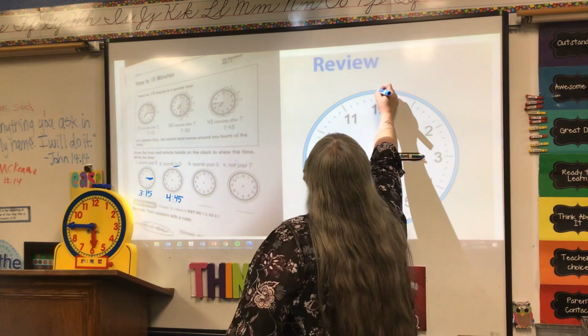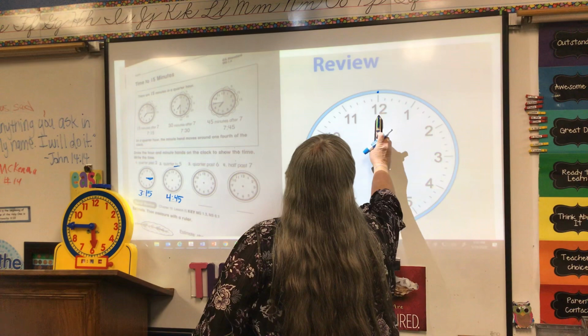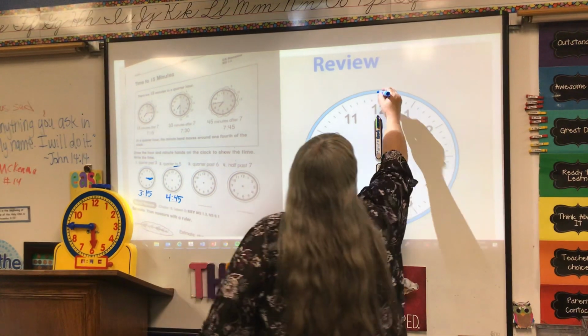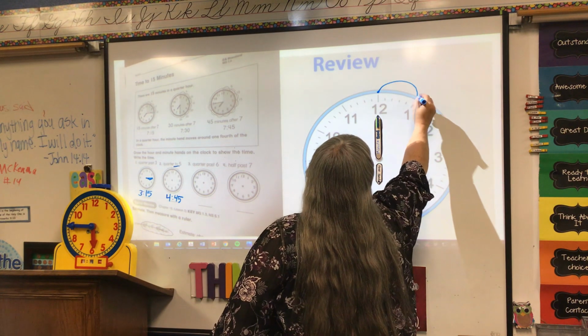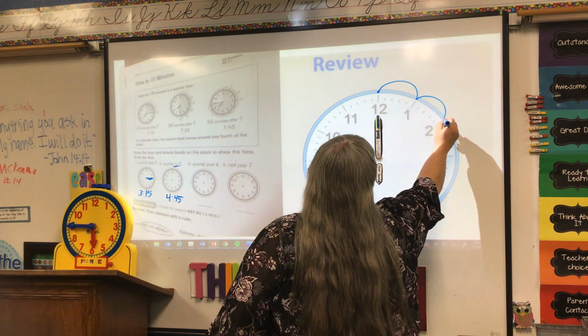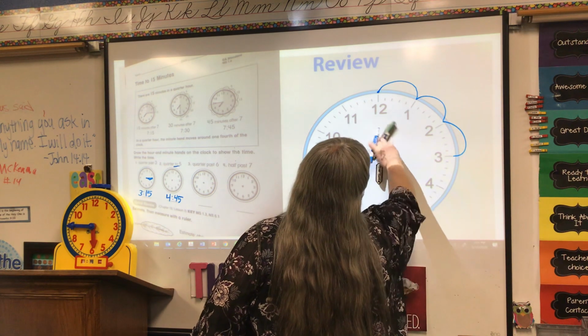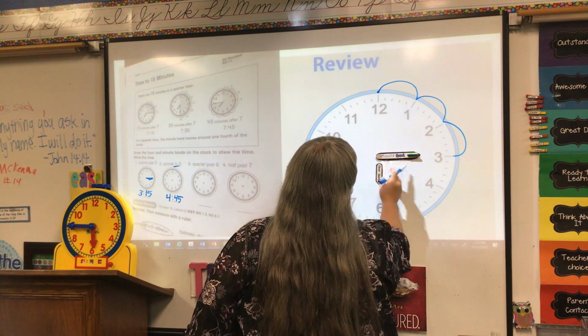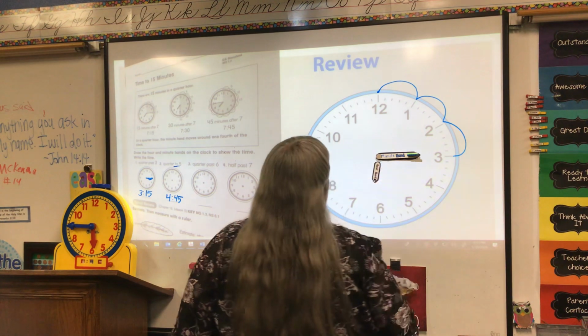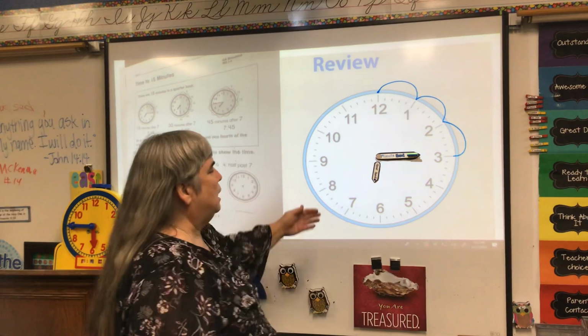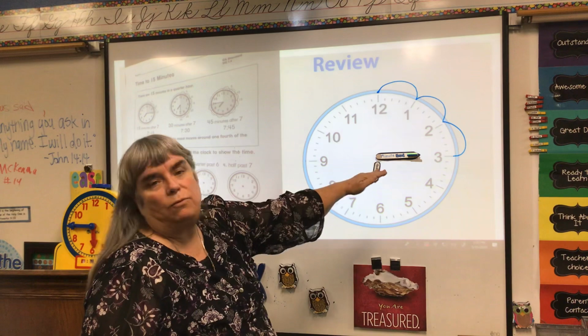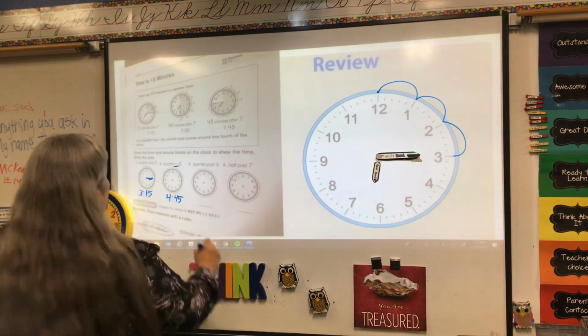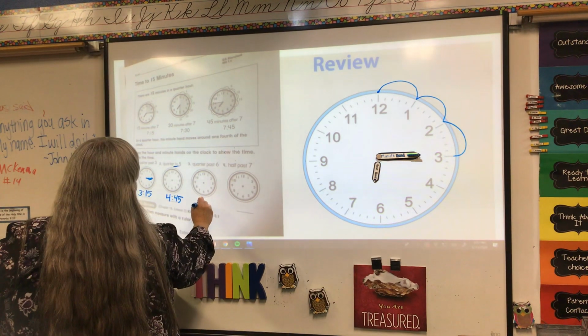So 6 o'clock would have been here with the minute hand, right? So then I'm going to count 15 minutes. 5, 10, 15. Okay, that means that's there. This has actually moved a little bit. So it looks like it should be 6:15. So I'm going to write that there, 6:15.